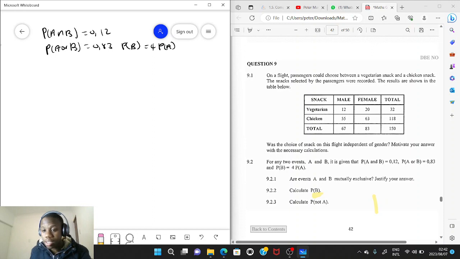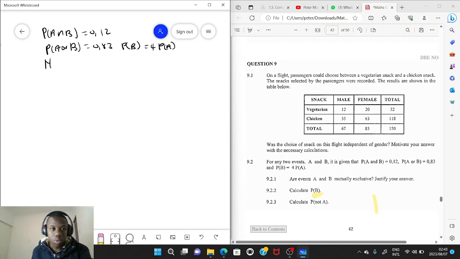Justify your answer. So, we want to know whether events A and B are mutually exclusive. The first thing we consider is the probability of A and B. We cannot say they are mutually exclusive since the probability of A and B is not equivalent to 0.